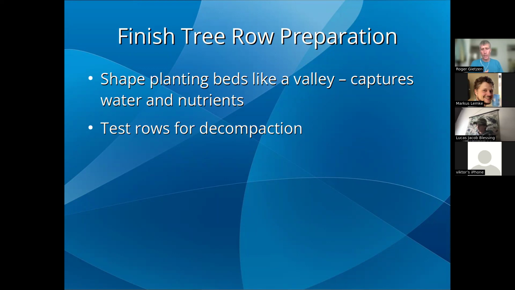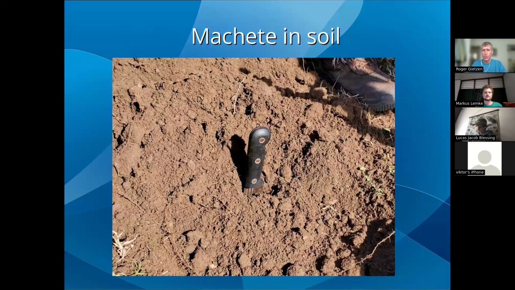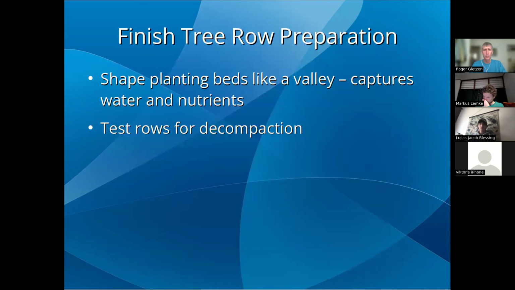Okay, and then we backfill the trench, and we can come back and test if we did a good job by using a machete. I'll push the machete through, and usually you can only get it a few, 10, 15 centimeters before you do this work. And then if you did a good job, you can push it all the way through. And then you know, okay, the roots of those plants are going to do really well.